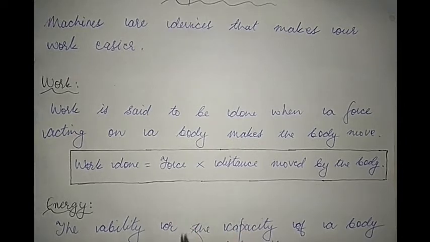Therefore, work is measured by this formula. Work done is equal to force into the distance moved by the body. More the distance moved by the body because of the force, of course, more the work done. The higher you lift a body up, the more work you are doing.